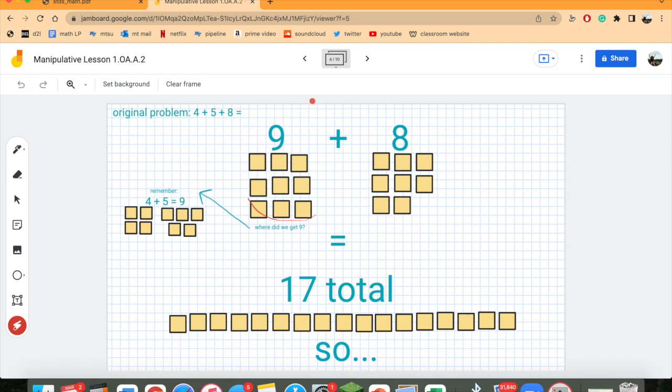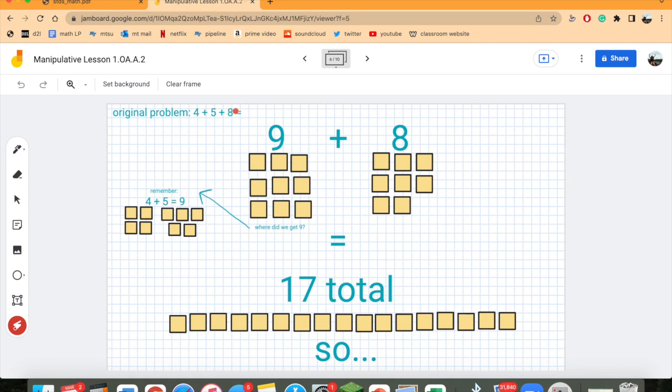So you might be wondering, where did we get the 9 from? If you remember what we did before, the original problem is 4 plus 5 plus 8. And we know that 4 plus 5 equals 9. So that's where we got the 9 from.